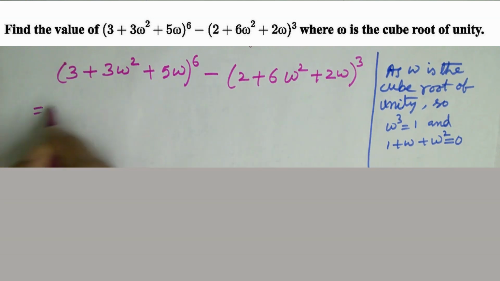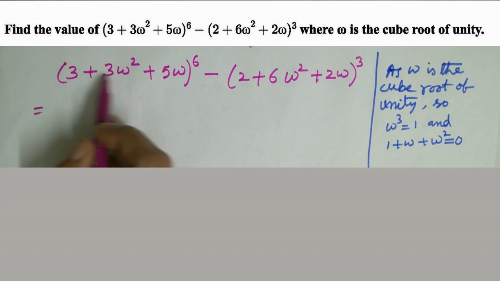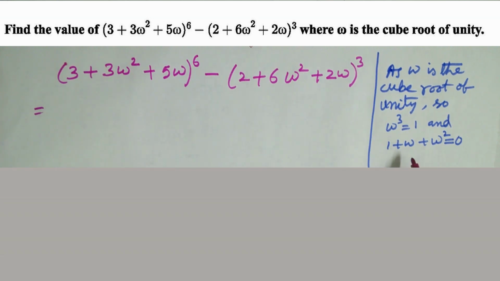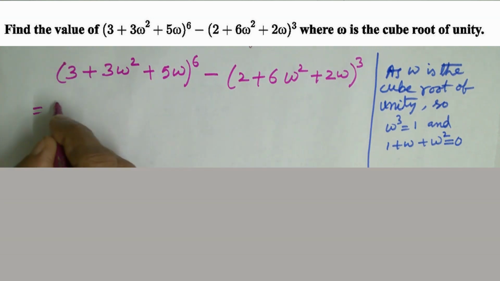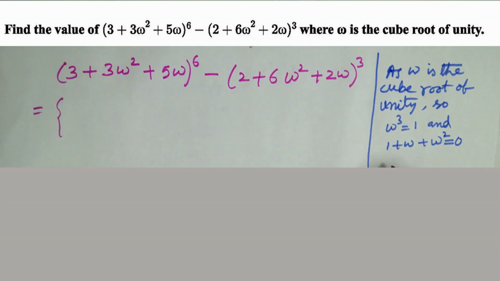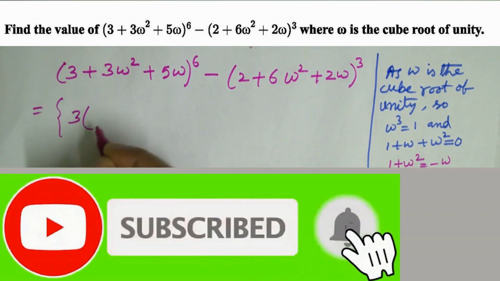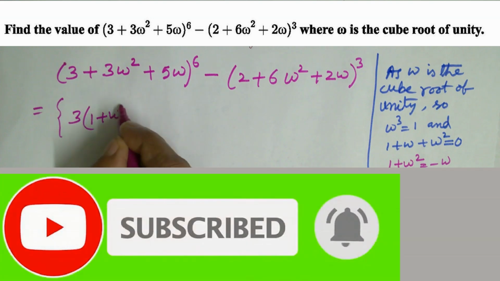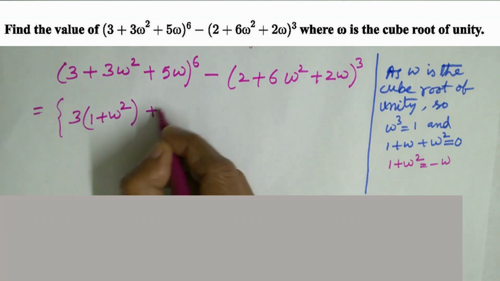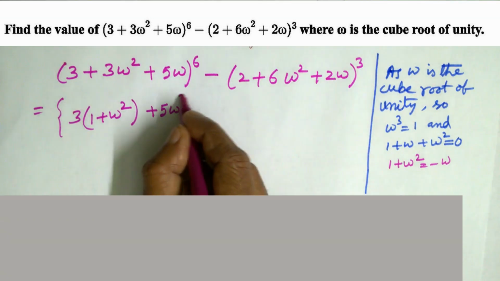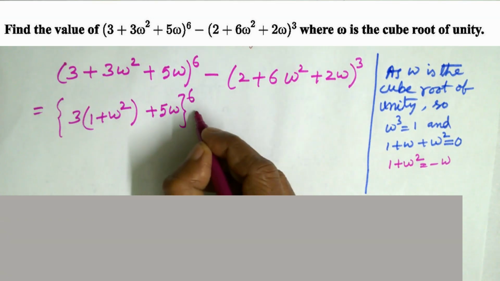See, 3 + 3ω². If we take out common 3, we have 3(1 + ω²). From here we can find 1 + ω², that is equal to −ω. So write 3 common, (1 + ω²), plus 5ω, whole to the power 6, minus.